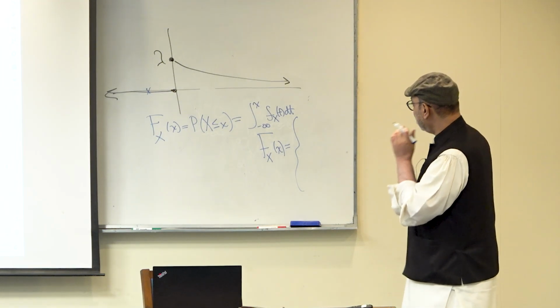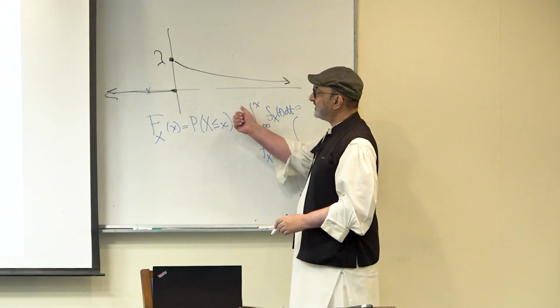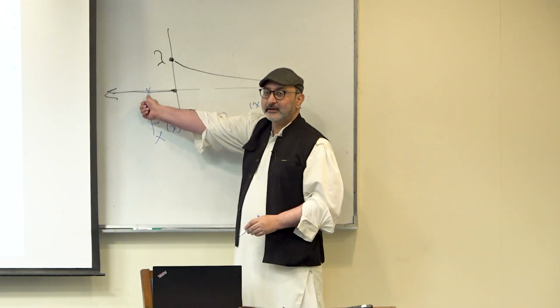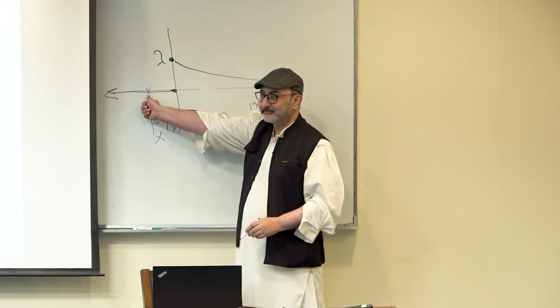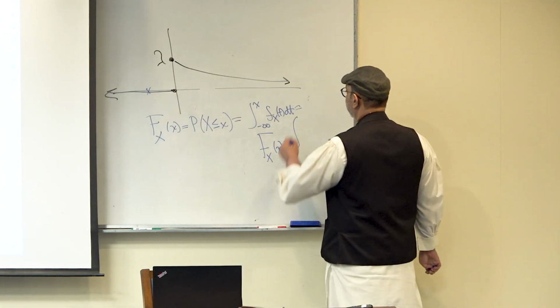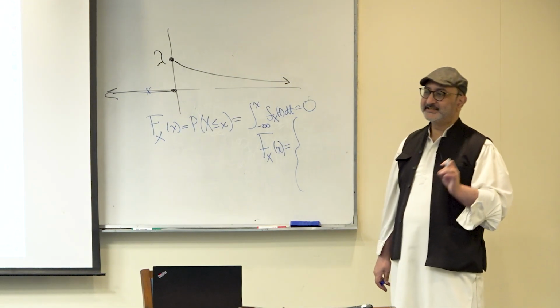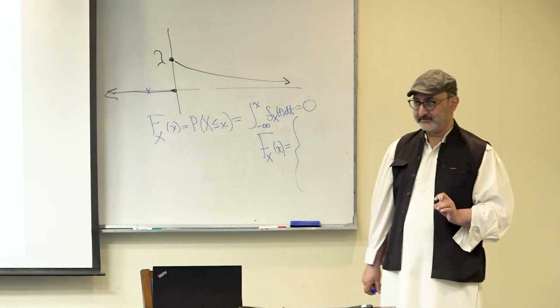Okay? Now, if x is less than 0, we're integrating 0. Right? Which is just going to give us 0. Okay? So this is going to be 0 for x less than or equal to 0.